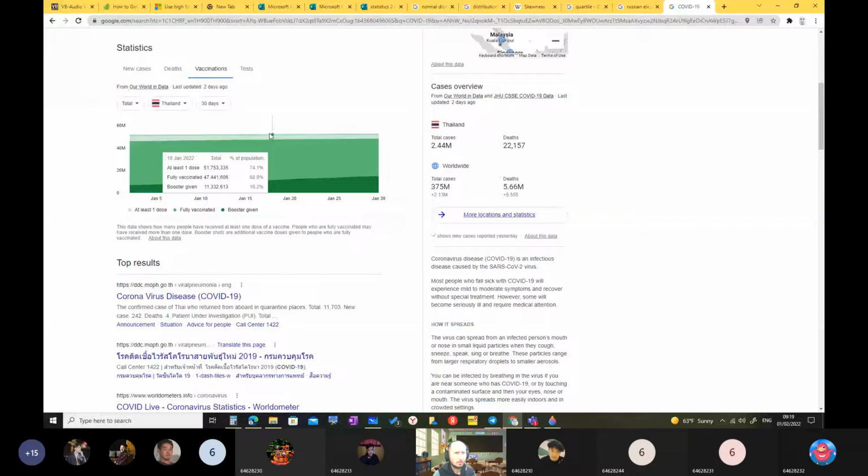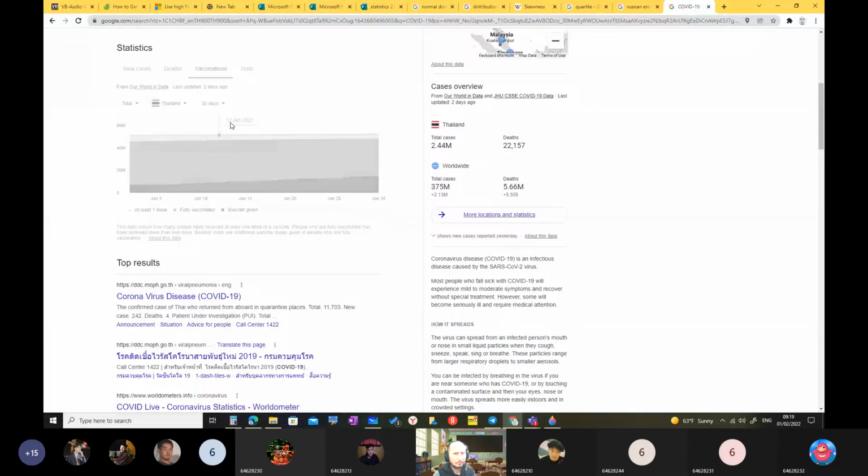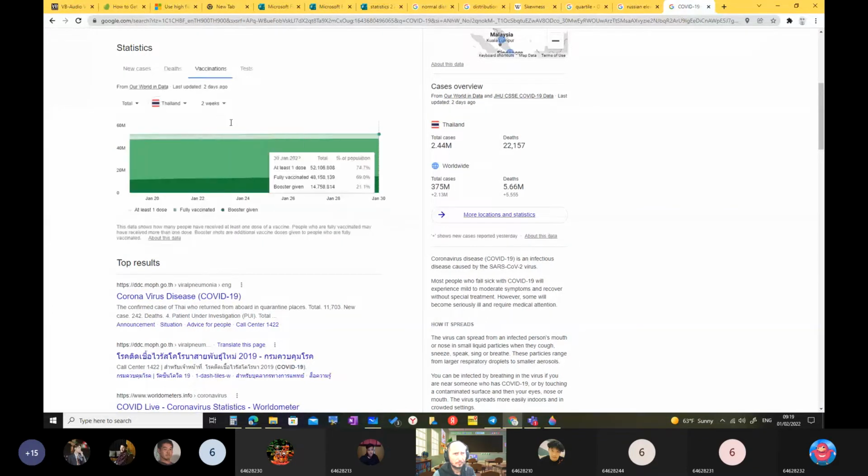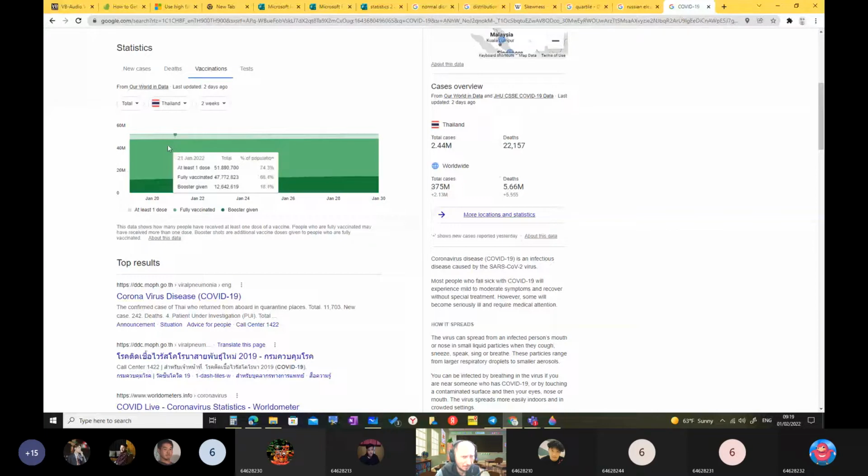Okay, so this doesn't change, because once a person has been vaccinated, they're vaccinated, right? So it could grow if we look at all the time, right?